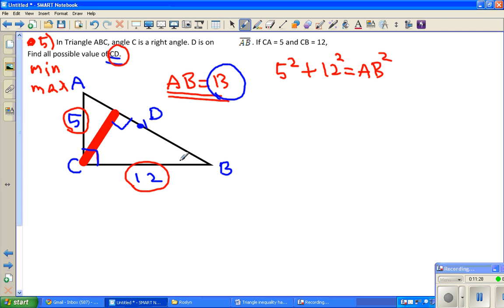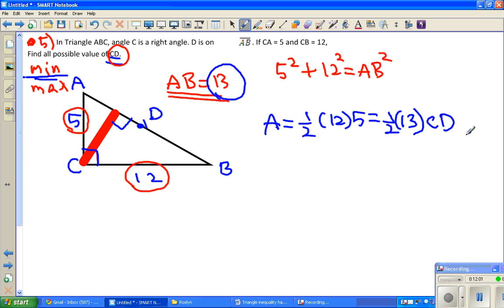So using that, what we can do is this. To find out the minimum CD, what we can do is this. Area will always be equal to each other. In other words, 1/2 base, which is 12, times height, which is equal to 5, that must be equal to 1/2 base, which is 13, if you consider AB as the base, then CD will be the height.